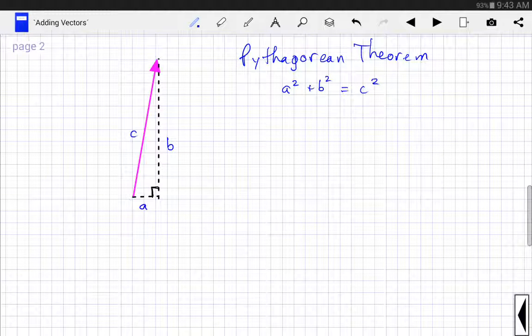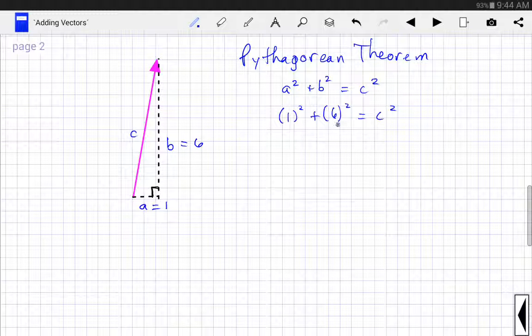So given our problem here, we had a equals 1 and b equals 6. Remember, I just exaggerated this figure. Then to find c, I just say 1 quantity squared plus 6 quantity squared is equal to c squared.